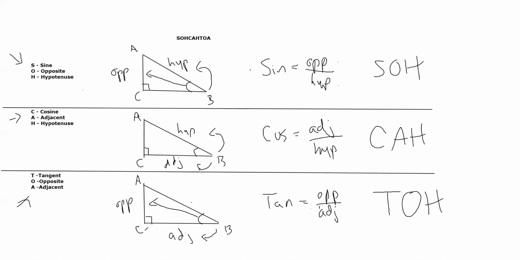I would imagine the H is silent, but whatever. Anyways, TOA. Oh, wait, no, I did it wrong. This is why I hate this. Right, TOA. Okay, it's an A. So tangent is equal to opposite over adjacent.